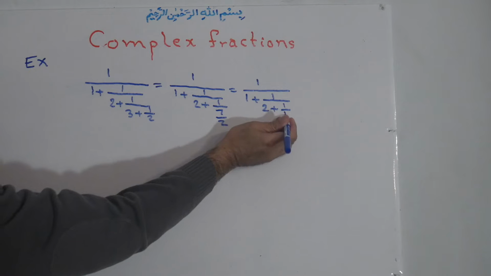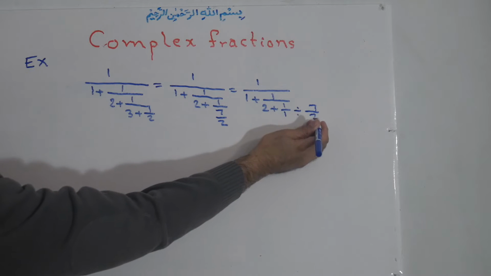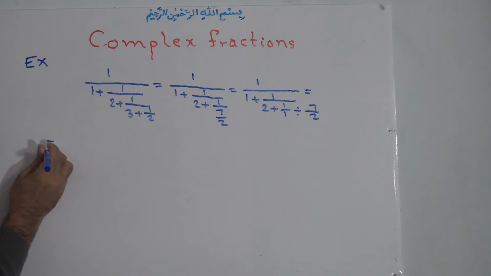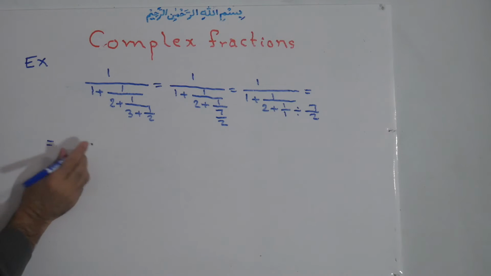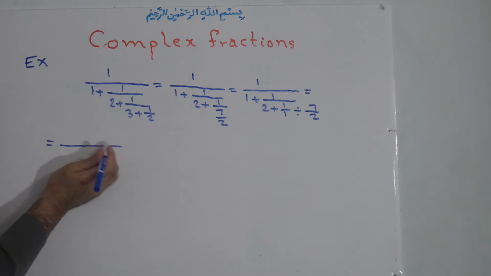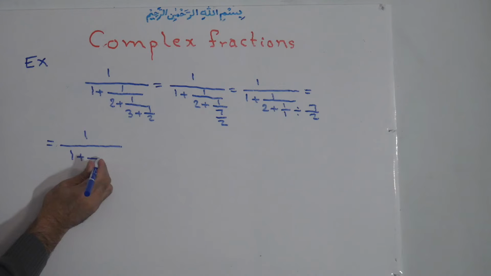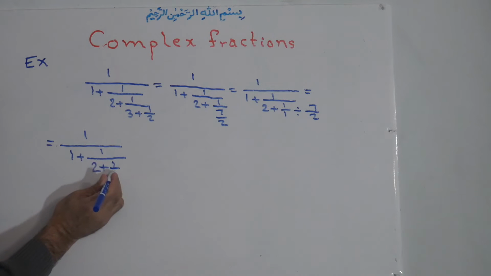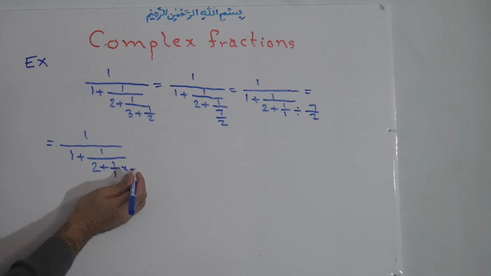It's 1/1 divided by 7/2, equal to 1/1 plus 1/2 plus 1/1. The division changes to multiplication, and the fraction becomes inverse, becomes 2/7.